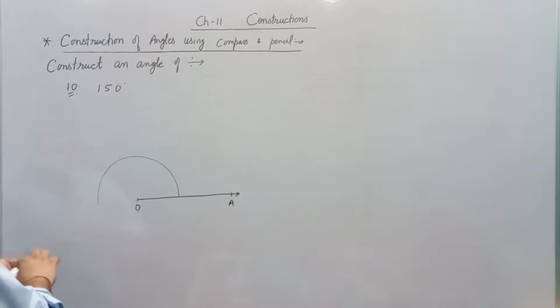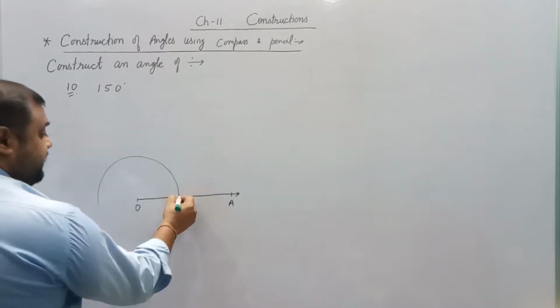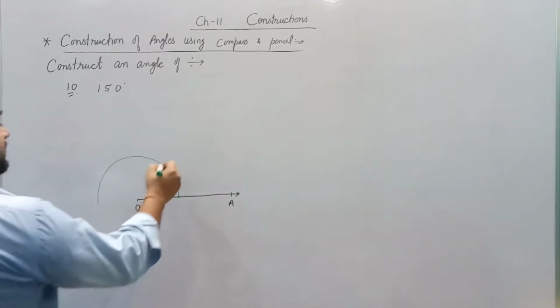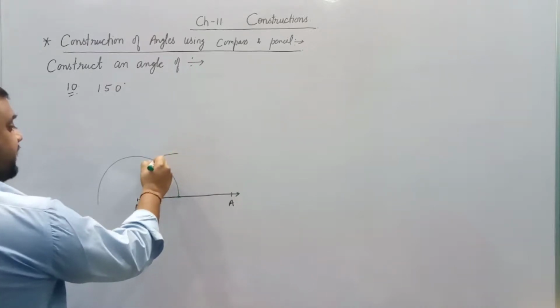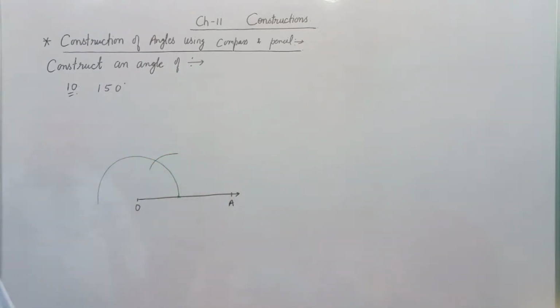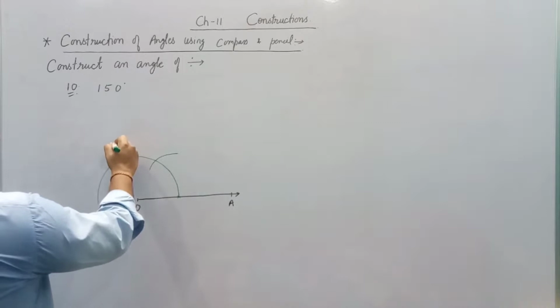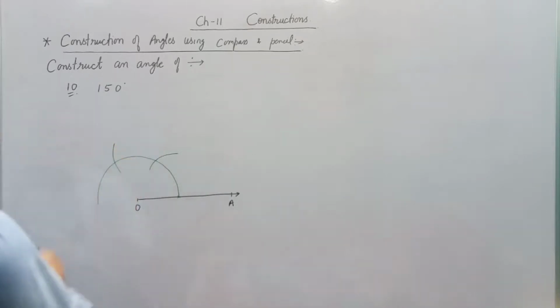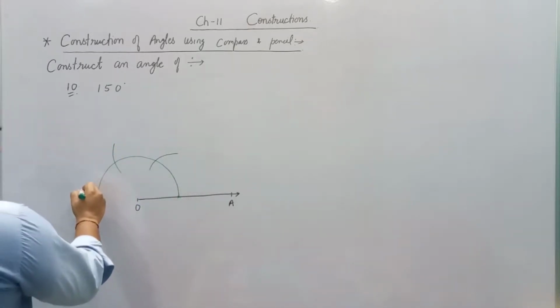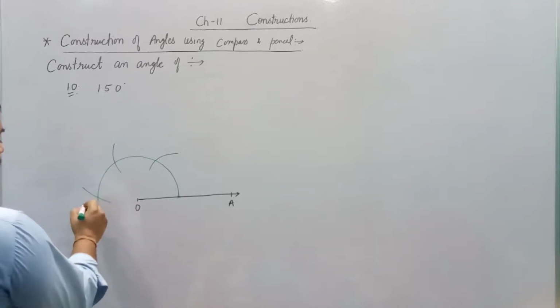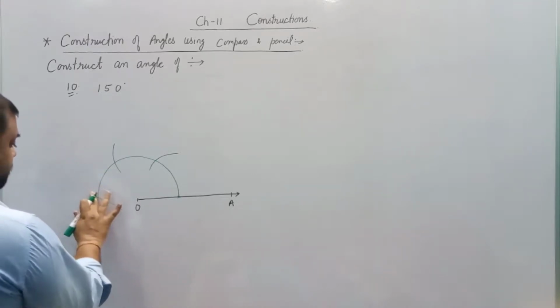Then, taking this point as center and with the same radius, construct an angle of 60 degrees, construct an angle of 120 and construct an angle of 180 degrees.